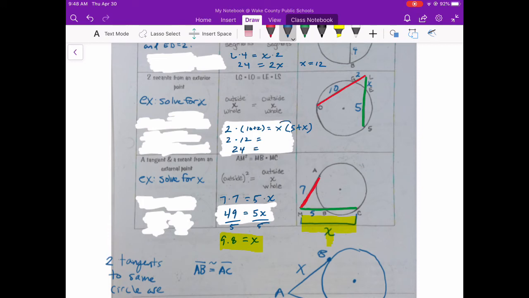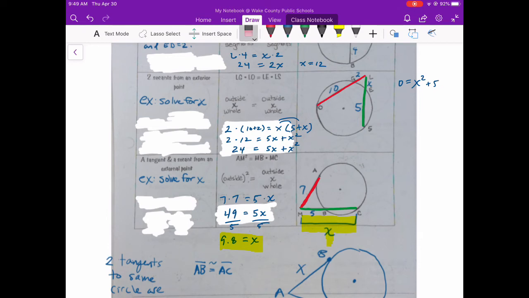I'm going to have to distribute that x, so that's going to be 5x plus x squared. As soon as you see that x squared, you're thinking quadratic, you're thinking set it equal to 0 and try to factor, or you're going to have to use the quadratic formula. So subtract 24 to get everybody on the same side, and I've got 0 is equal to x squared plus 5x minus 24.